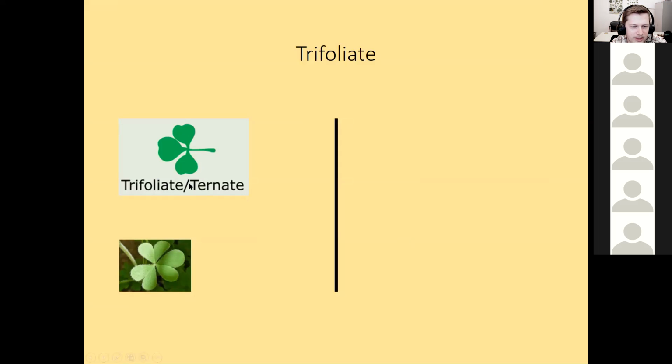You've got these trifoliate plants. Tri means 3. So this leaf means that there's 3 leaflets associated with it. This whole thing is a leaf, but trifoliate means with 3 foliages. So three leaflets.